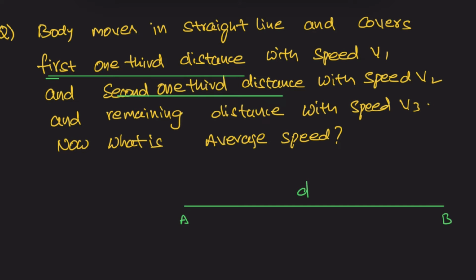So this distance is divided into 3 parts: first d by 3, next d by 3, and last d by 3. The first 1/3 distance is covered with speed v1, the next with speed v2, and the final distance with speed v3.